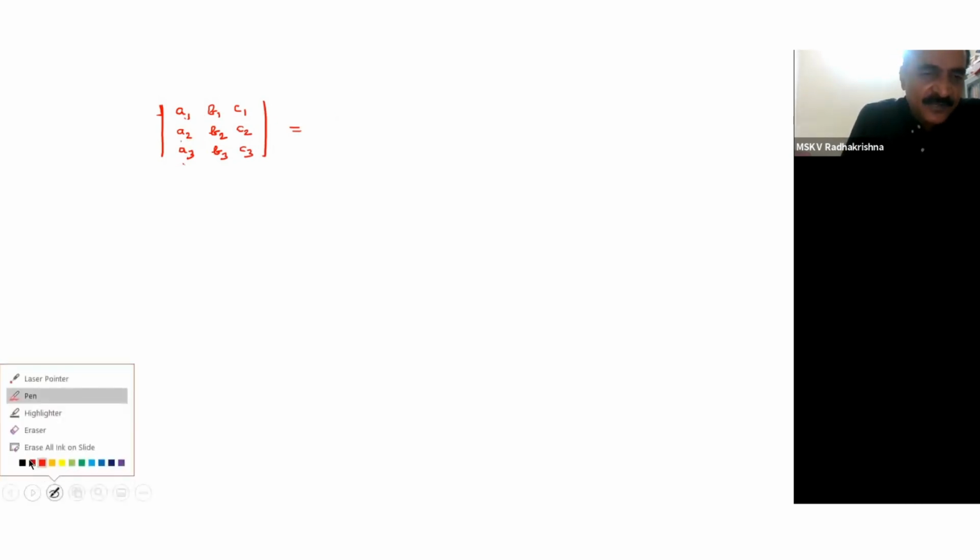Okay. Here I want to add 2 times the second row to the first row and subtract 3 times the third row from the second row. Then what should be the operation?